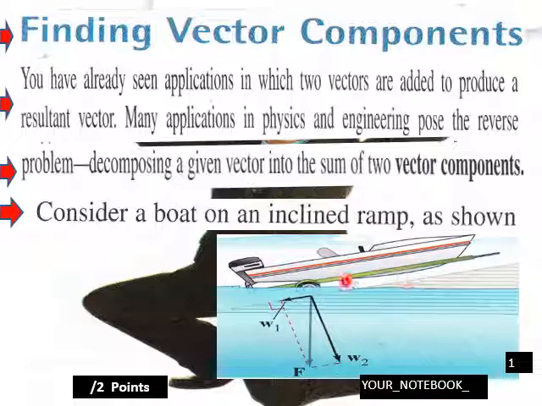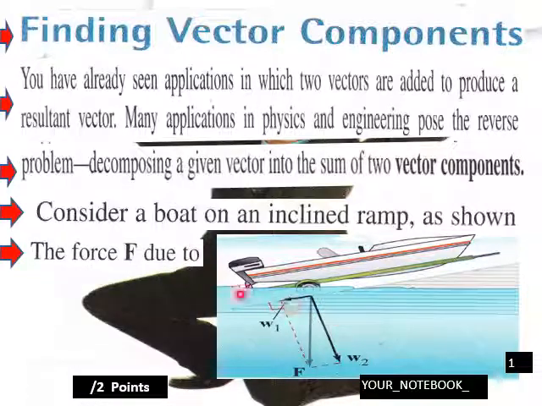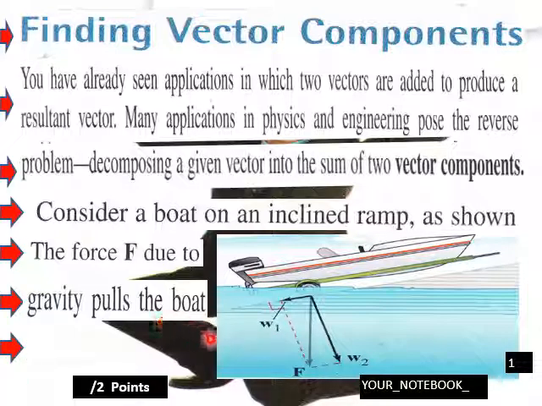So here's our boat ramp, here's our water, your wheels are down in the water, and this triangle here is a representation of the boat, the ramp, the axle, and the forces. We'll get into that. Force F due to gravity pulls the boat down the ramp.